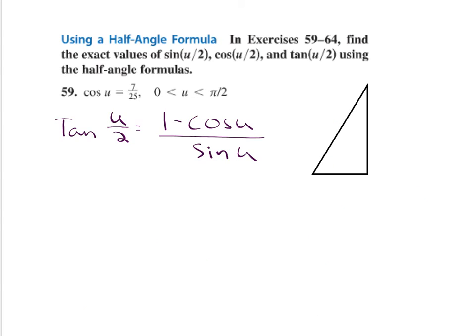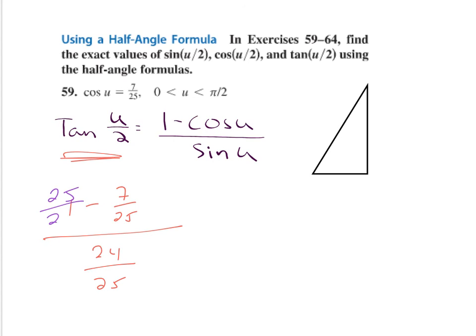Okay, tan of u over 2 is 1 minus cosine u over sine u. So I have 1 minus cos u, which is 1 minus 7 over 25, over sine u, of course, was 24 over 25. Well, we just did this, but let's do it again. This 1 is 25 over 25.